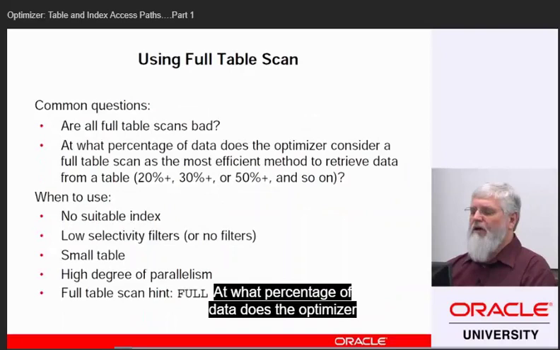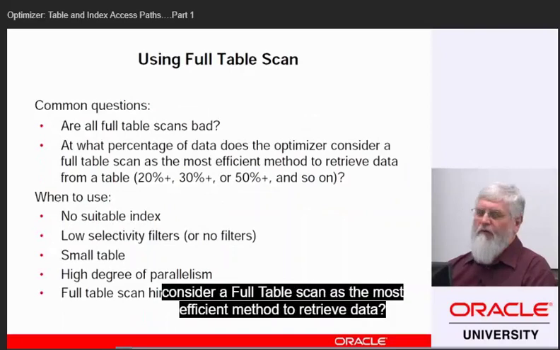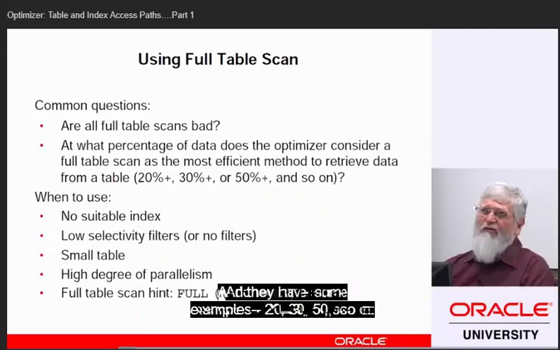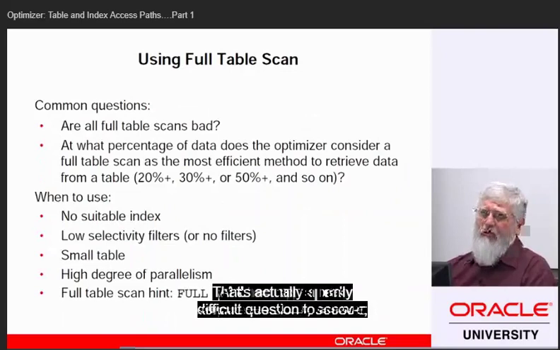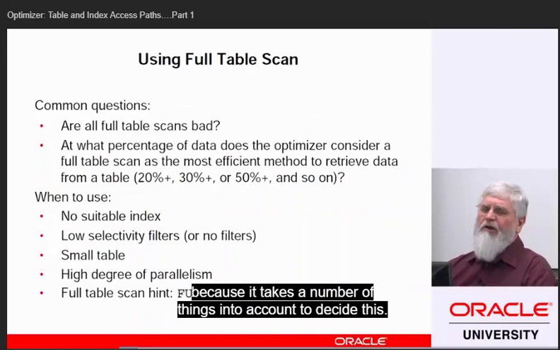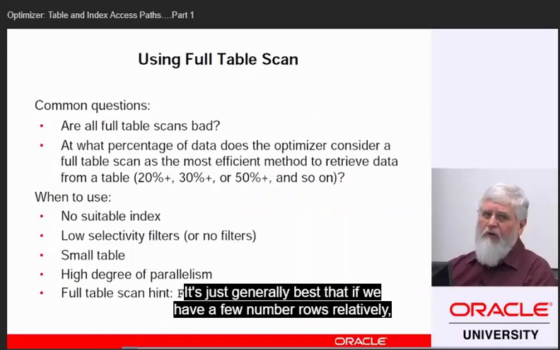That's actually a really difficult question to answer because it takes a number of things into account to decide this. It's just generally best that if we have a relatively few number of rows, it's more likely to use an index than if we're looking for 50% or 75% of the data.